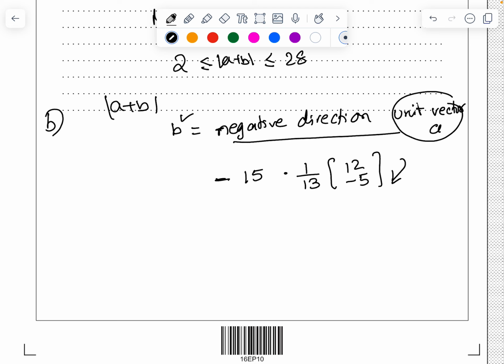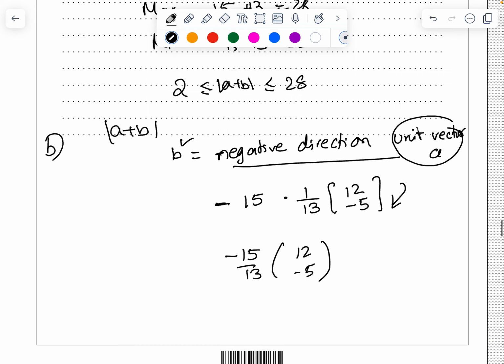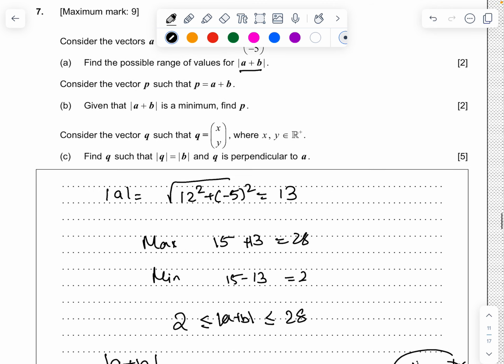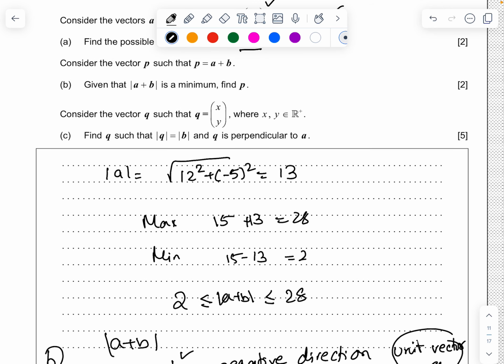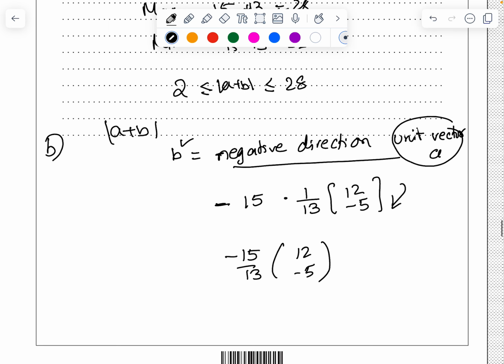This is going to be the unit vector A. Now what does that become? B is minus 15 by 13, (12, -5). This is going to be the answer for part B. Now I got the value of B like this.